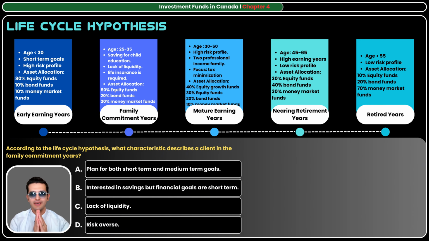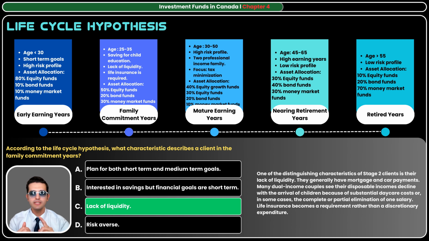D, risk averse. As I mentioned, remember those primary characteristics of each group. So lack of liquidity and the need for life insurance are 2 characteristics of the second group, which is family commitment years. So the right answer is C. And that second group is interested in medium-term goals like education of their child, okay?